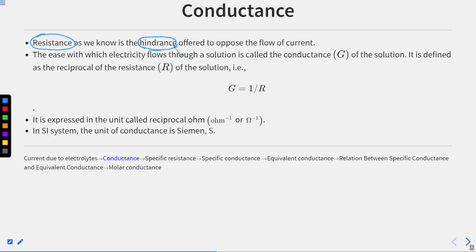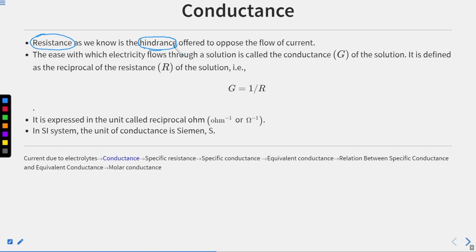If I take a value representing the hindrance offered by the material, then the reverse of that value would be the ease offered by the material, with which the electricity can flow through the solution.